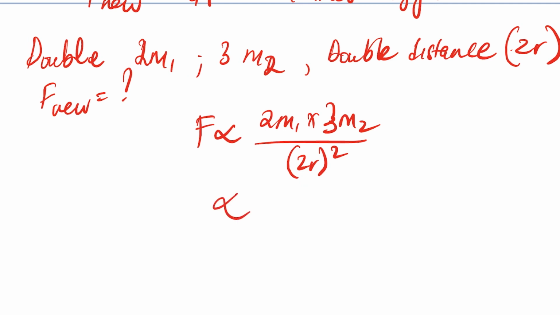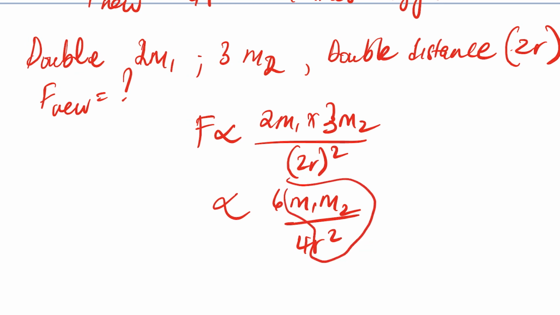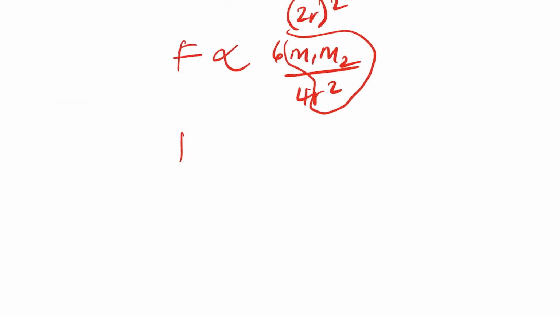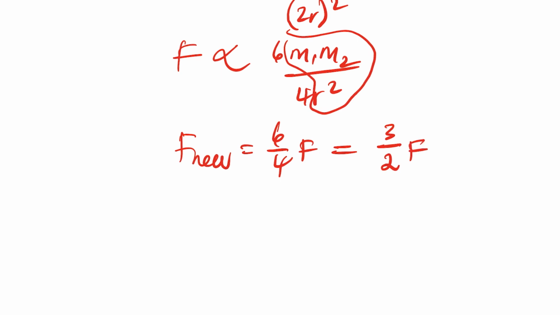So 2 times 3 will be 6m1 times m2 over 4r squared. And then we single out that, therefore the new force now is going to be 6 over 4F, which is 3 over 2F, right?